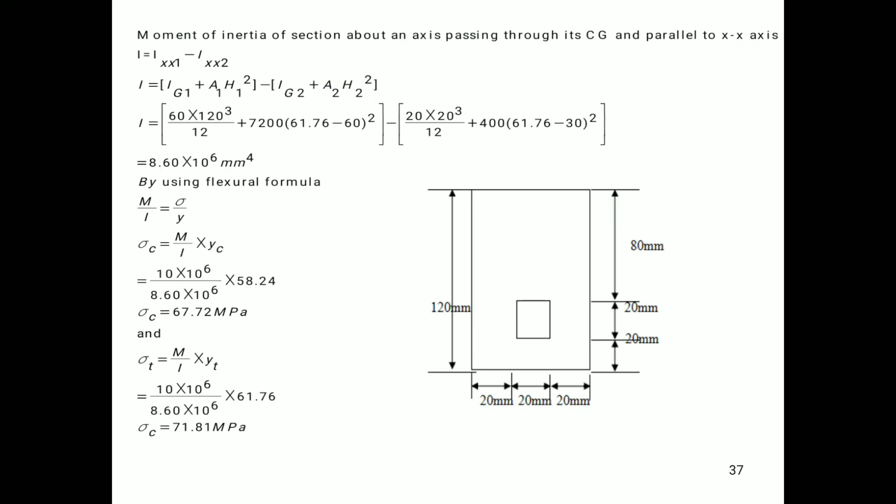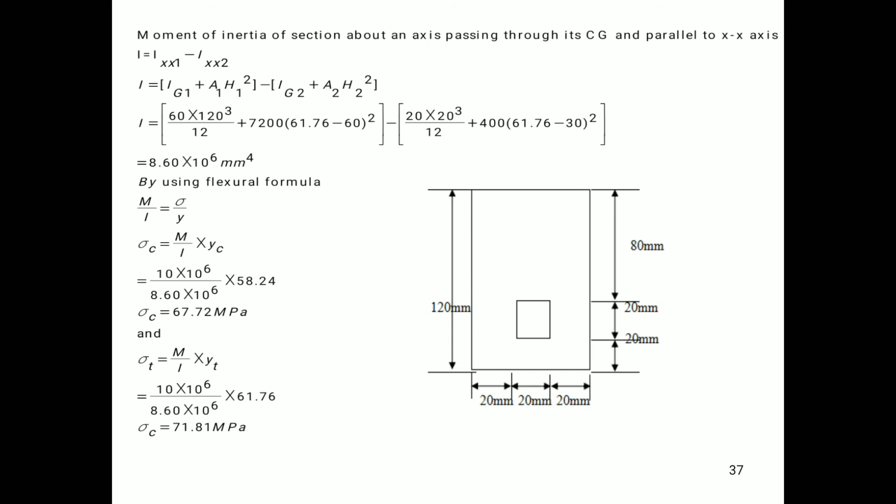Now, we are going to find out the value of moment of inertia for the entire section. As we have removed the square section from the rectangular section, we have final moment of inertia I equal to Ixx1 minus Ixx2. This minus sign is for the removing of a square section from the rectangular section. Again, we are going to apply the parallel axis theorem.